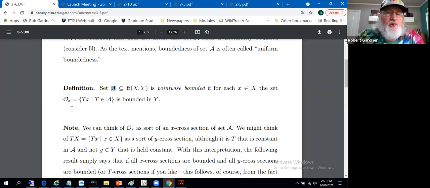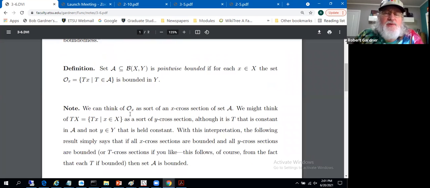And again, we'll informally think of these as like cross sections. We're fixing x and looking at the output values. Now it's a collection of output values as the operators T vary over set calligraphy A. So sort of my thinking here, you can think of the O sub x's as x cross sections of set A. Now we might have a corresponding y cross section, thinking very much Cartesian plane here.